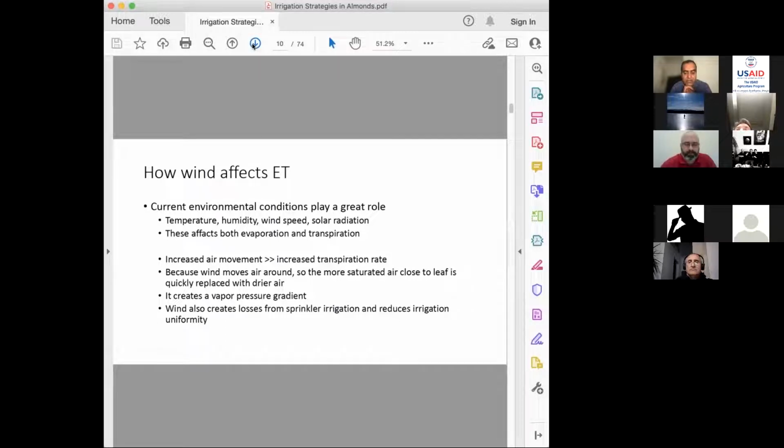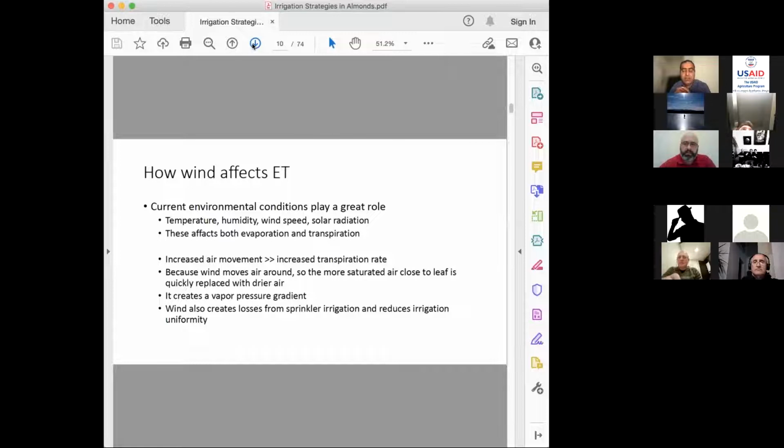How wind affects evapotranspiration. I have seen a lot of scenarios in Georgia last year where there were strong, high winds, and particularly during the summer months, the winds are dry, of course. So they increase the evapotranspiration demands a lot. And that is a factor.